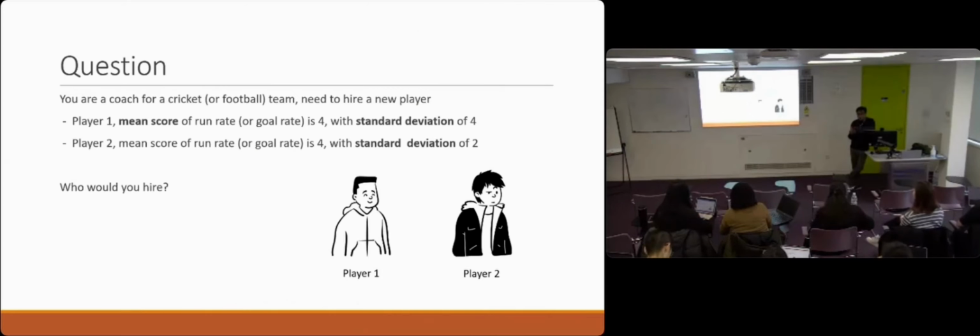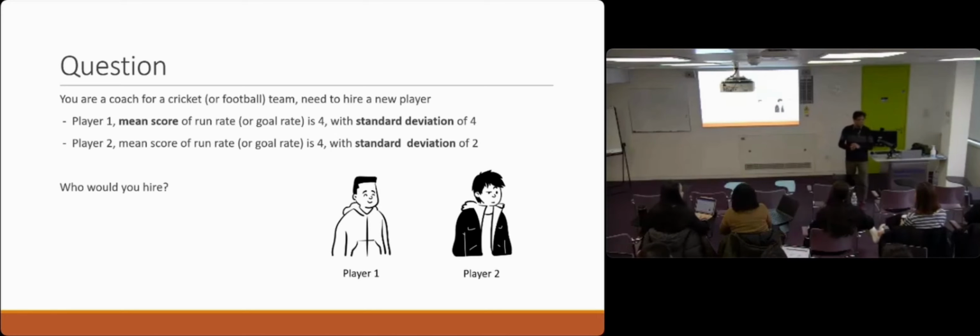Let's assume that you are the coach of a football team or a cricket team, and you want to hire a new player, right? Two players come for the interview. Both of them have a mean score of 4. One has a standard deviation of 4 and the other has a standard deviation of 2. Which one will you hire?